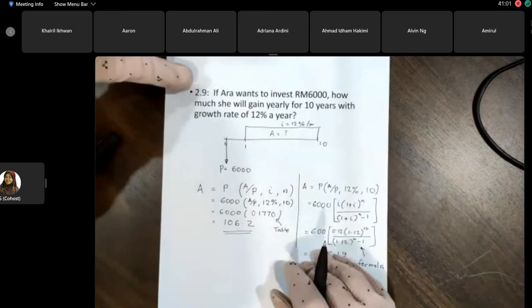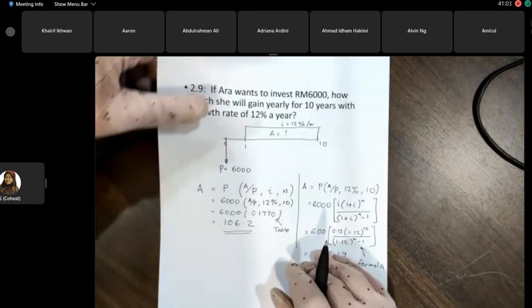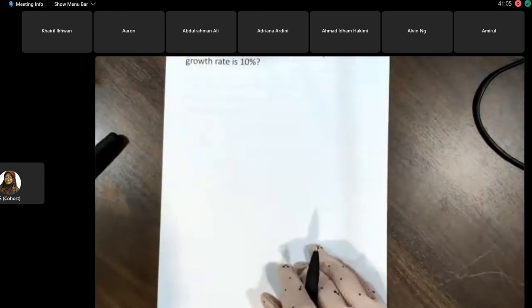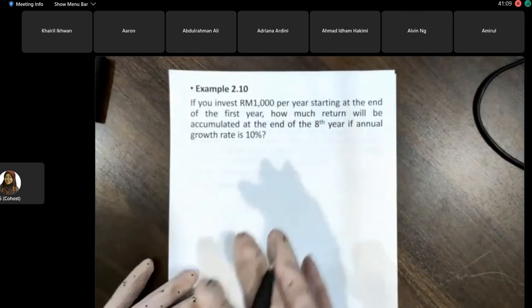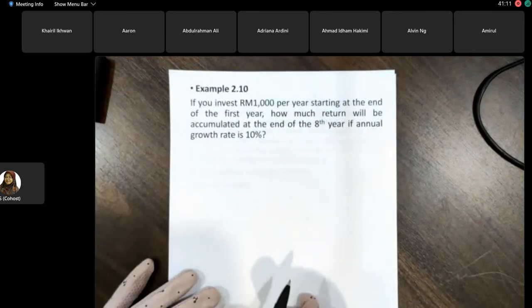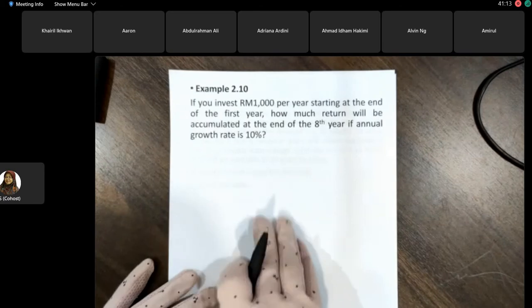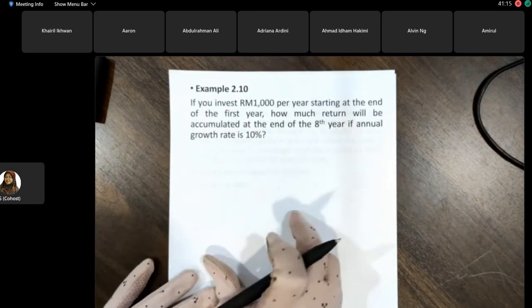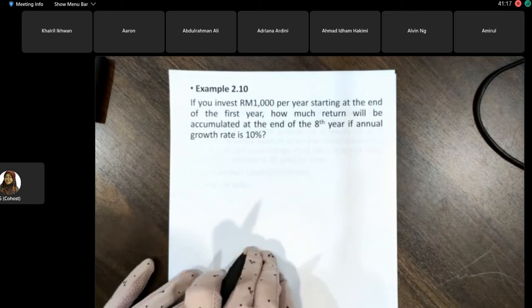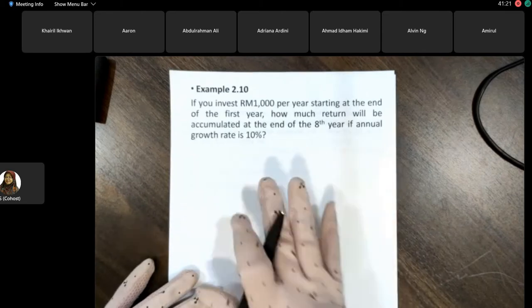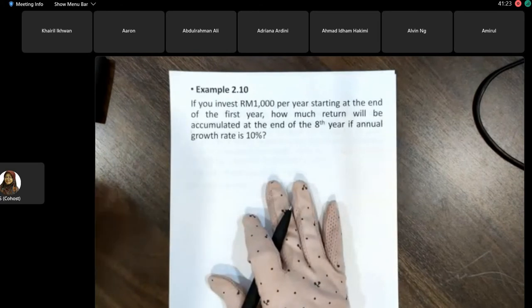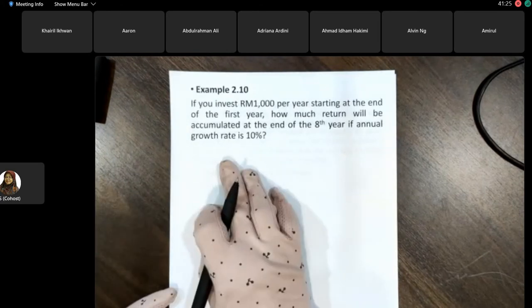Okay, now we want to become familiar with the cash flow diagram and how to write down the steps, and then use the table or use the formula. Okay, now example 2.10.